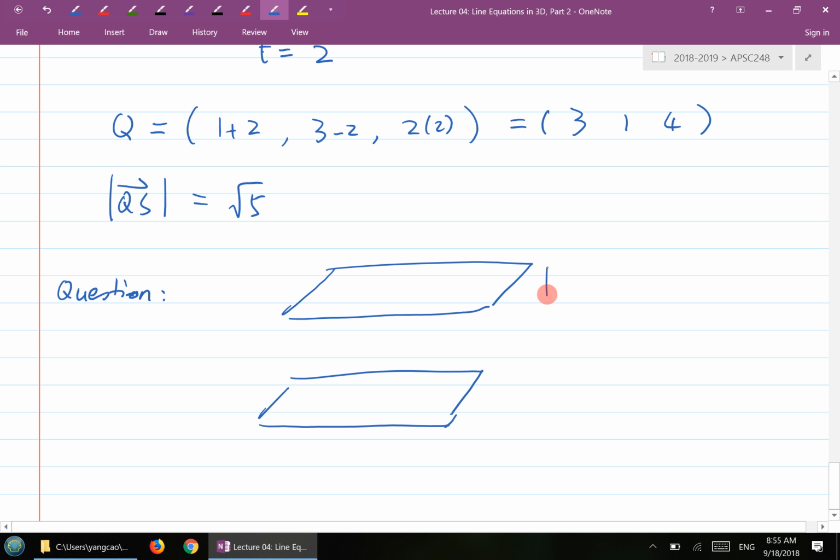If I have two planes, plane 1 and plane 2, and these two planes are parallel to each other, can you find the shortest distance between the two planes? Given the two planes, think about it. That's another type of distance question.